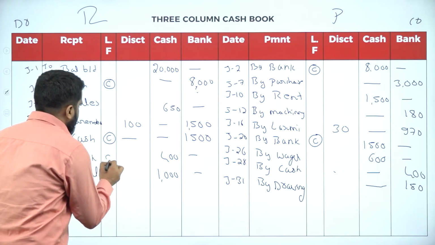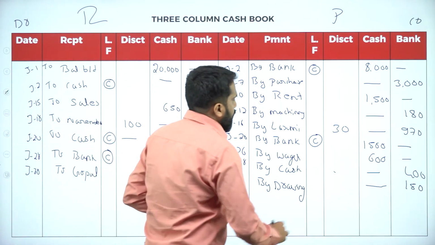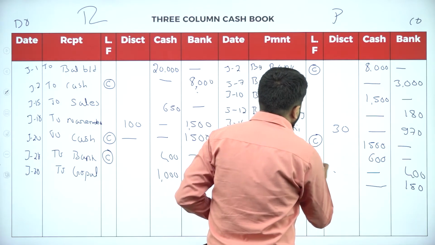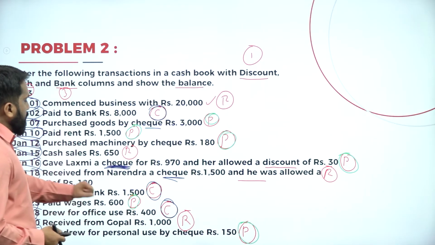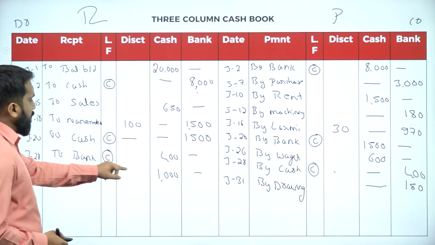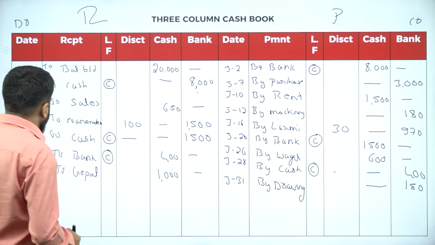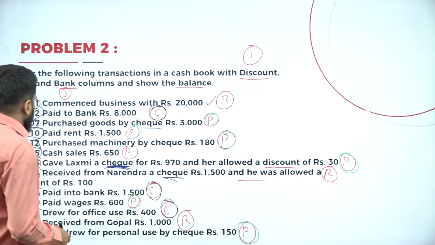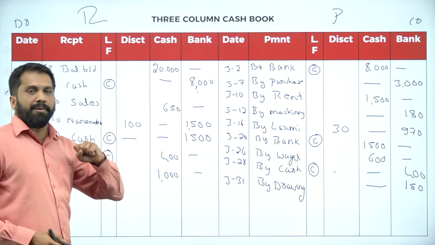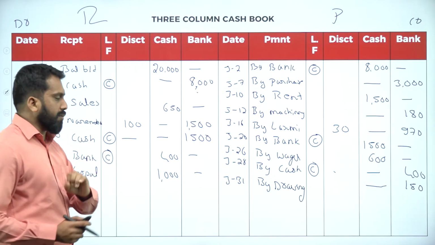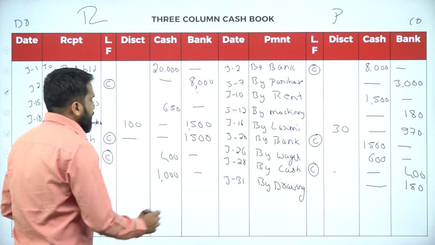I forgot to mention. This is contra. And this is contra. Now, this we have taken. Then, received from Gopal 1,000. Yes, we have taken 1,000. Last one. Withdraw for personal use 150. We have considered as drawings. Any doubt? No doubt. Now, we have to close this.